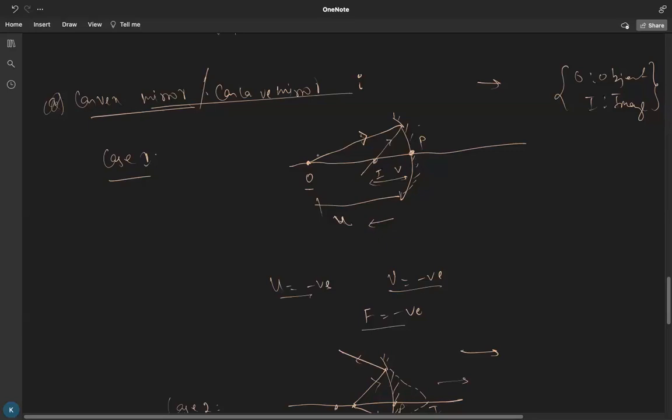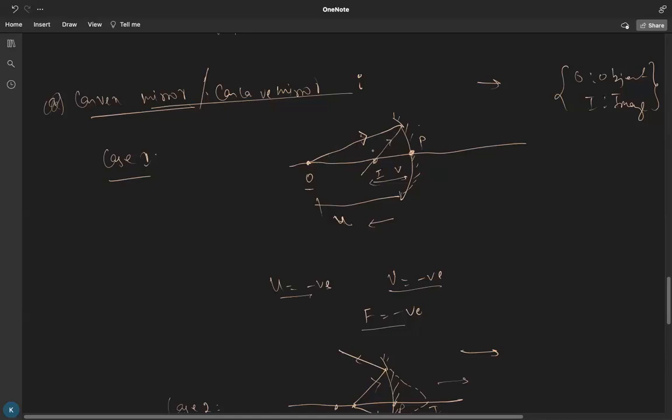The object is placed in the left direction. So the direction is opposite, and we already read in the sign convention that we have to take the positive direction in the direction of the incident ray, right? But here the incident ray is in the rightward direction and the object is placed in the negative direction from the pole, so it will be treated as negative.